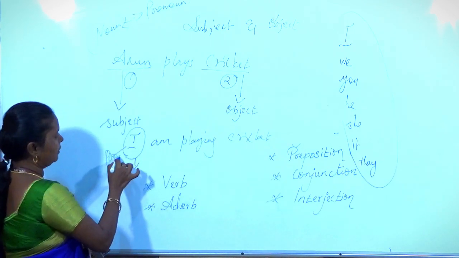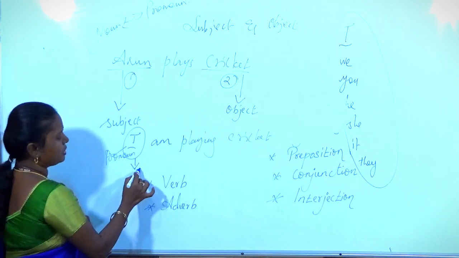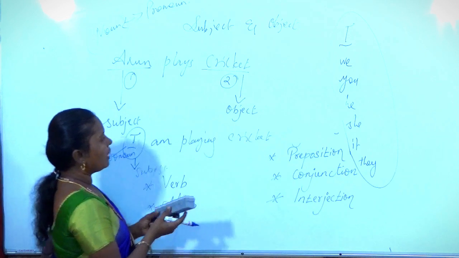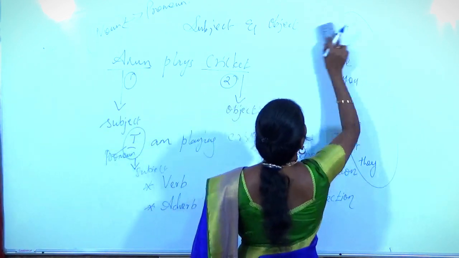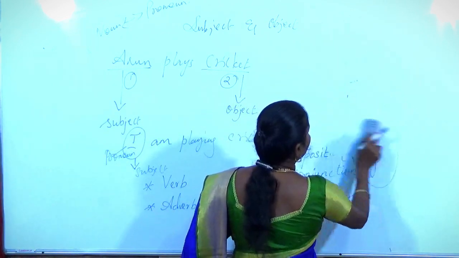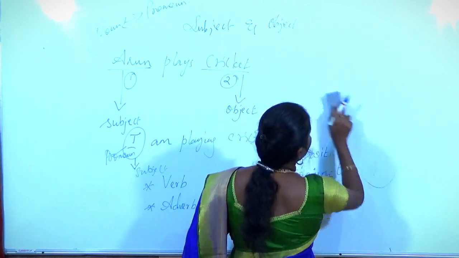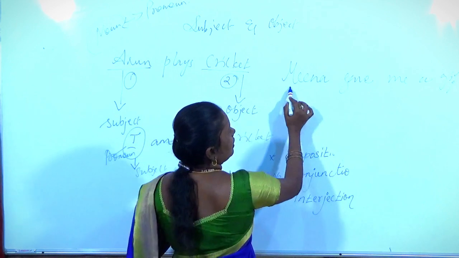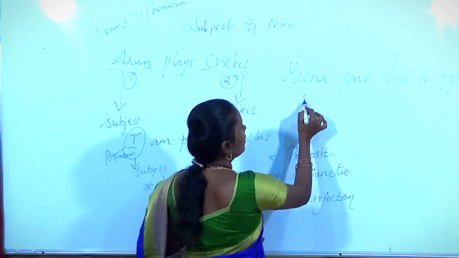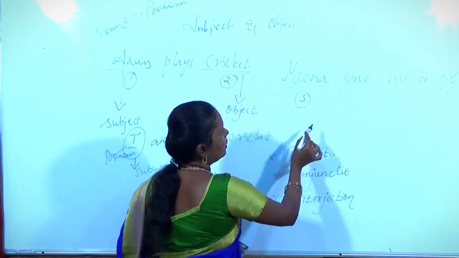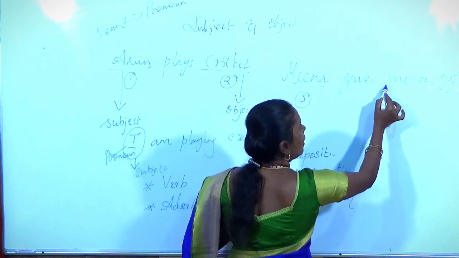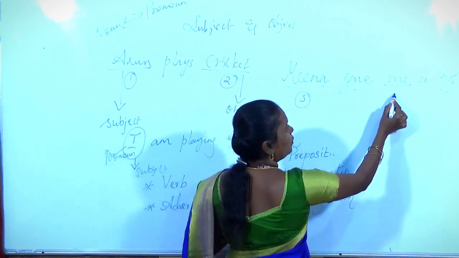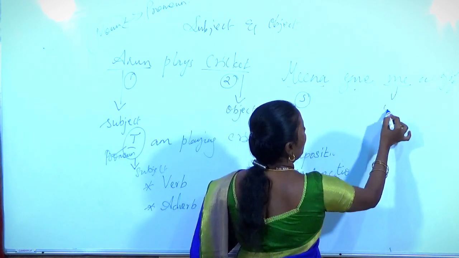This pronoun functions as subject. And I give one more example for the objective function. Meena gave me a gift. Here Meena is the subject, and in gave me, me is the pronoun. This is the pronoun which is used as object.